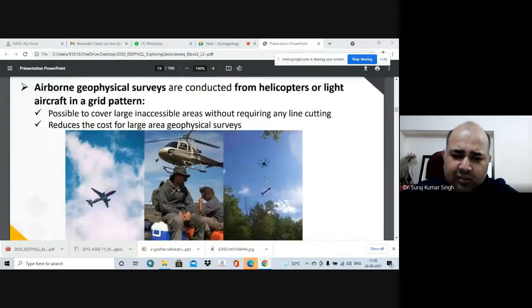But it is not only a disadvantage, there is also an advantage: airborne geophysical surveys are conducted from light helicopters or light aircraft in a regular grid form, which you will study in detail in the coming slides when you read the topic remote sensing and GIS, the fundamentals that we use in that subject.